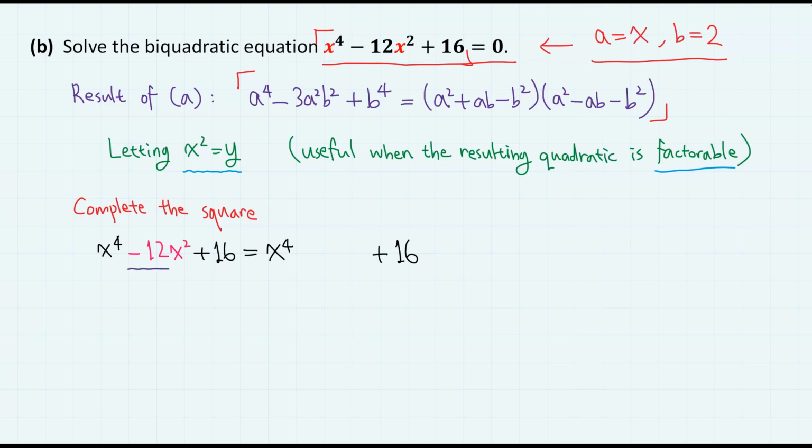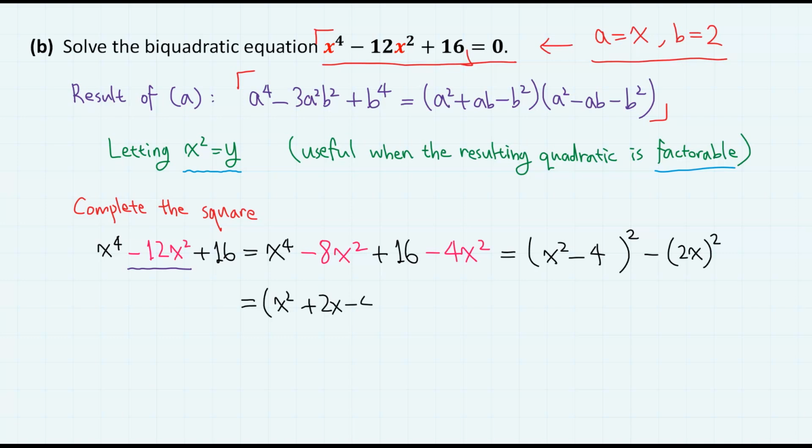Here, we split minus 12x² into minus 8x² and minus 4x². Then the first three terms equal x² minus 4 squared, and the last term is 2x squared. So we obtain x² plus 2x minus 4 times x² minus 2x minus 4.